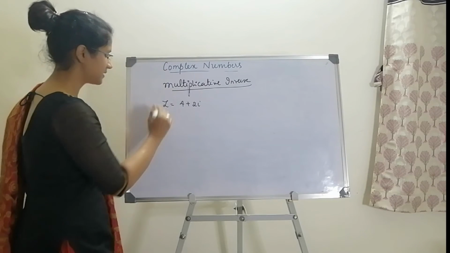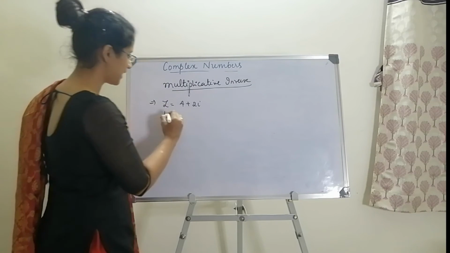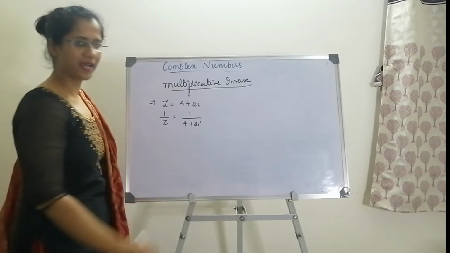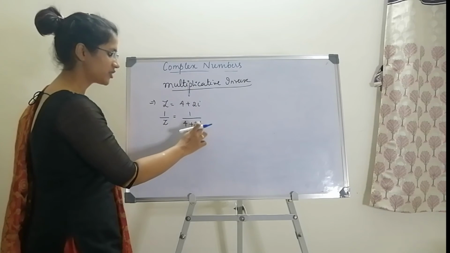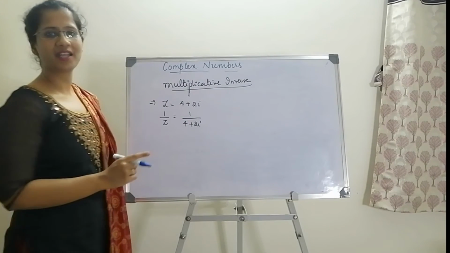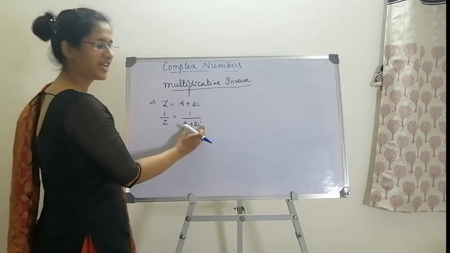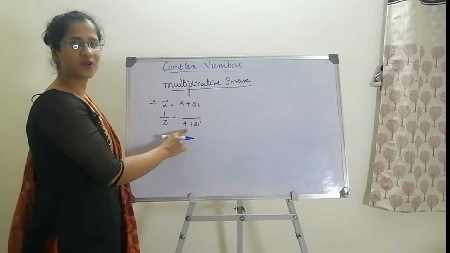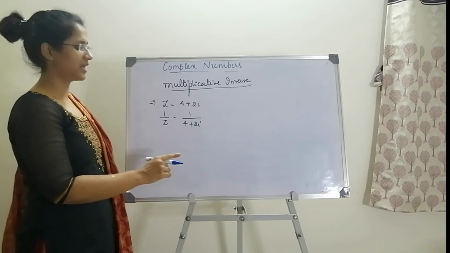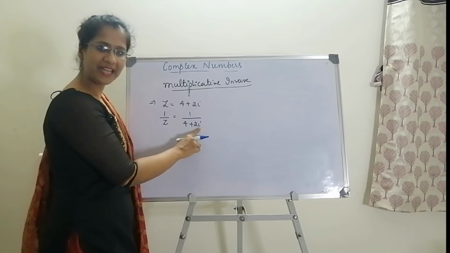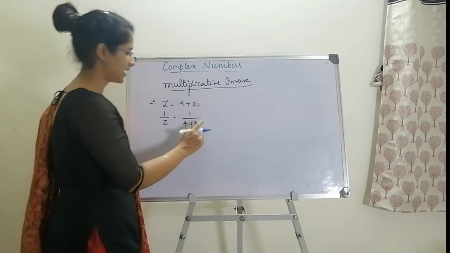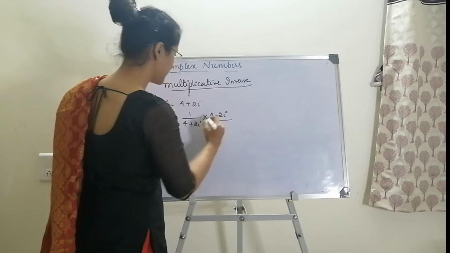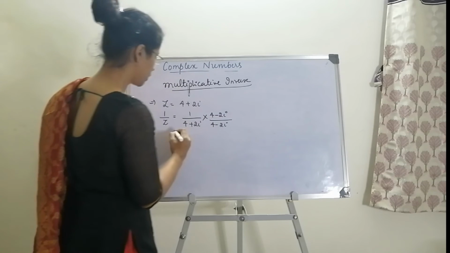So the given complex number can be written as 1 divided by 4 plus 2i. Understood? But when I talk about division, please be very careful, my learners. In my denominator, I shouldn't have a square root symbol. If I have a square root symbol, I will have to rationalize. Obviously, when I have an i term here, I have to rationalize.